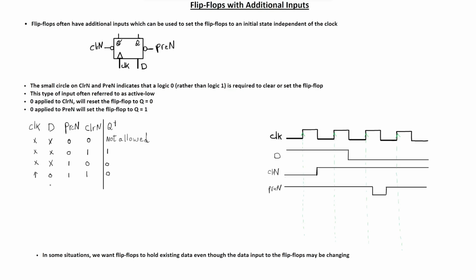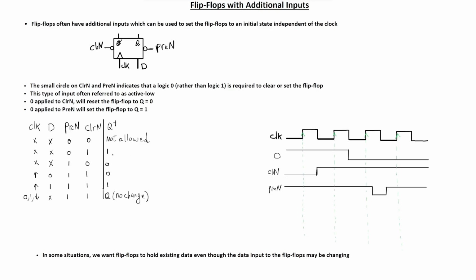And if the D input is 1, and we have a rising edge, and the preset is 1 and the clear is 1, the next state will be equal to 1, same as the D input. Last situation, when the clock is 0, 1, or we have a falling edge, we don't care about the D input when preset is 1 and clear is 1, so we will always hold the previous state. This will give us Q, or no change in the state.